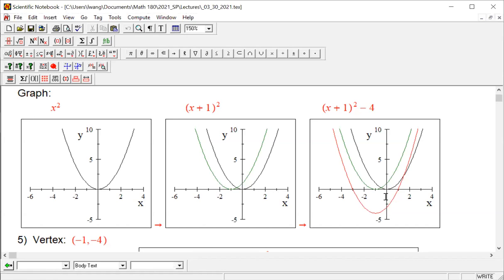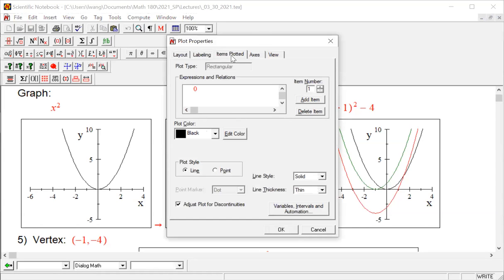From this shifting process, we can see that we shifted to the left by 1 unit, so we ended up here. So that's a line of symmetry. Let me draw that line of symmetry over here.